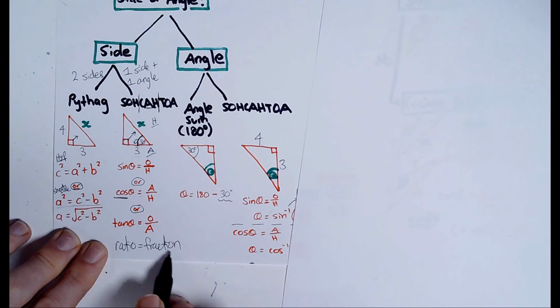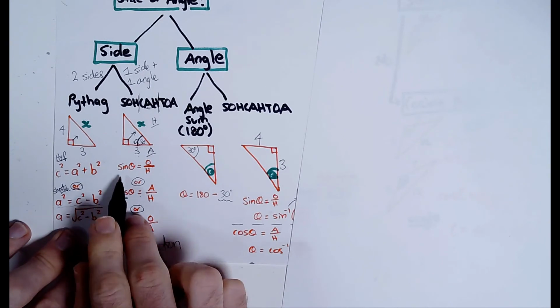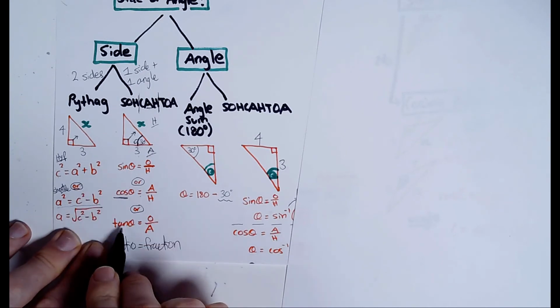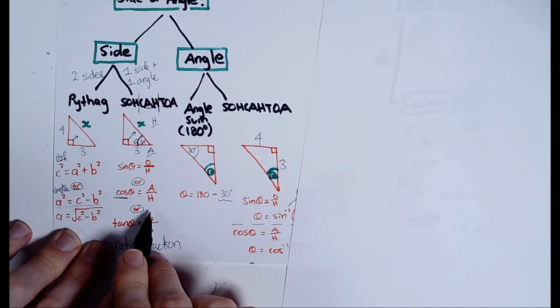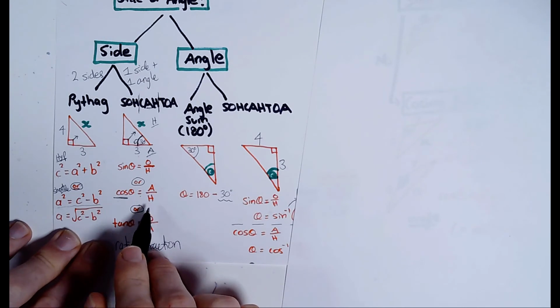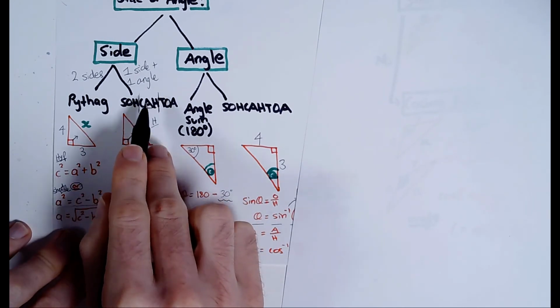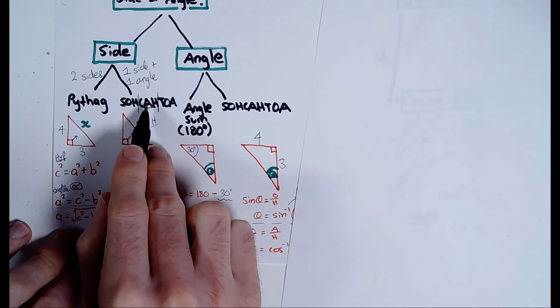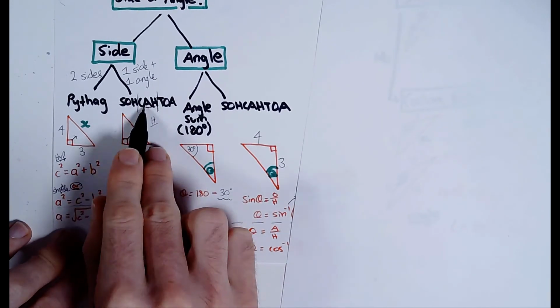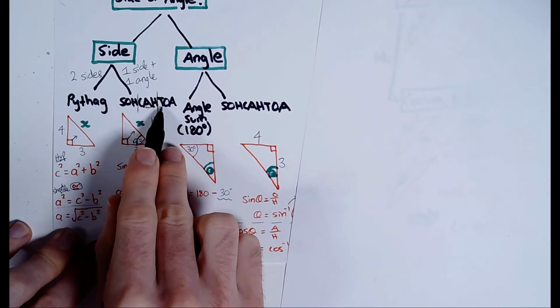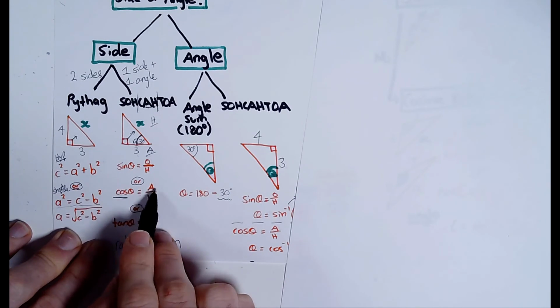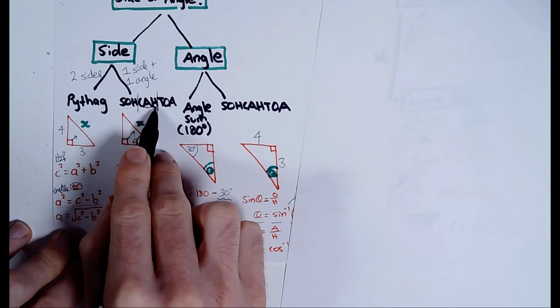A ratio is a fraction, and these sine, cos, and tan ratios can be expressed as a fraction. And when you do the fraction, you need to make sure that they're in the right order, and the order is based on that sound. So as I said, it's AH, not HA. So A goes on the top. Whatever letter comes first in SOHCAHTOA is the one that will come on the top. And then the second one, the H, goes on the bottom.